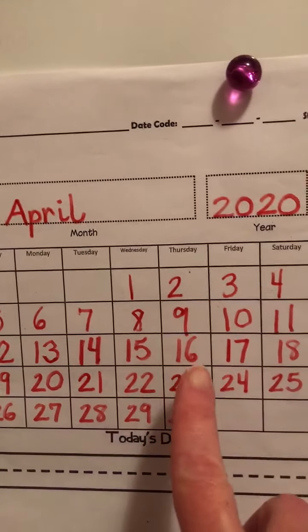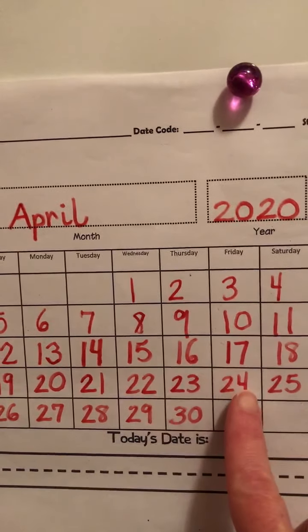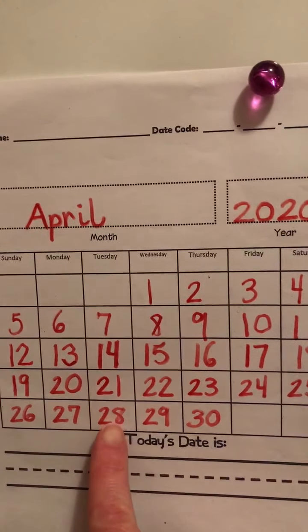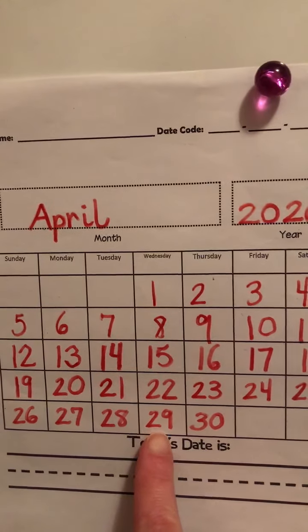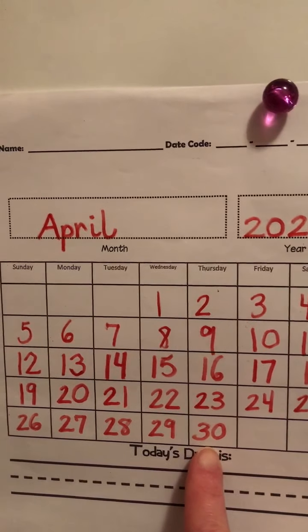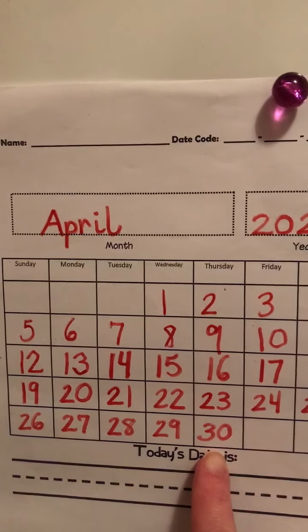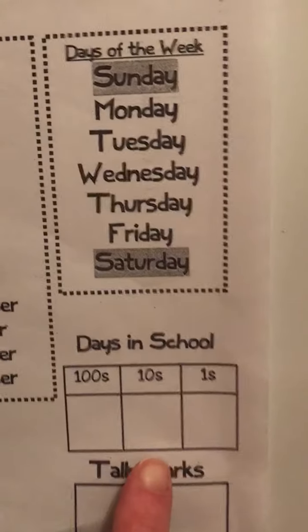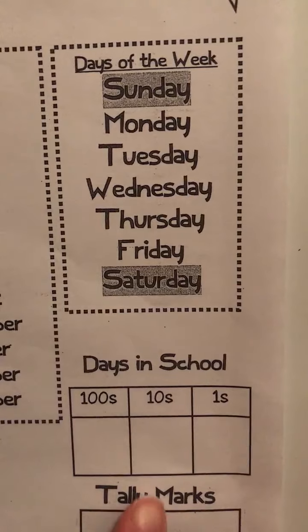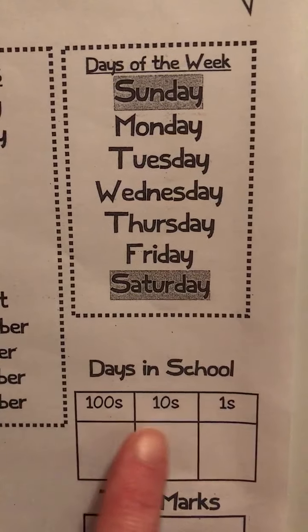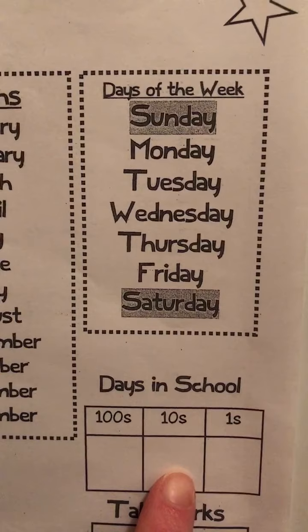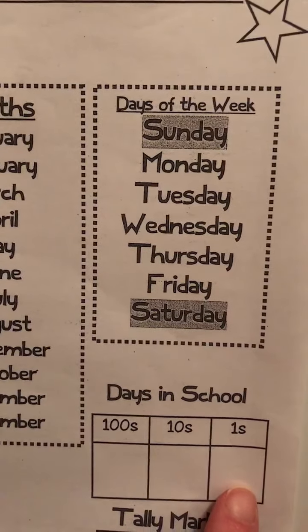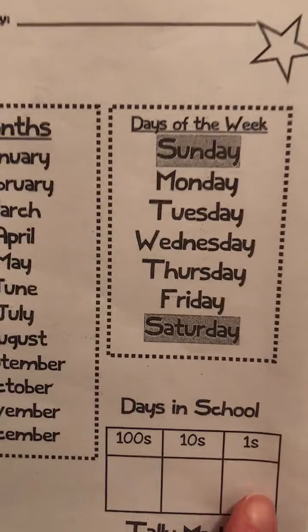Here we go. 151, 152, skip the weekend, 153, 154, 155, 156. All right, we're actually getting close to 160 now. Let's look over at our days in school. 156, how many hundreds? 1. Good. How many tens in 156? 5 tens. And then how many ones? 6. Very good. Okay, good job.